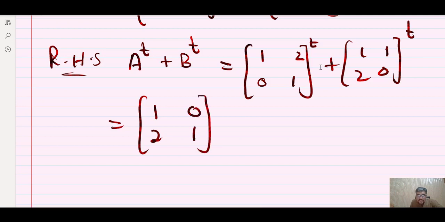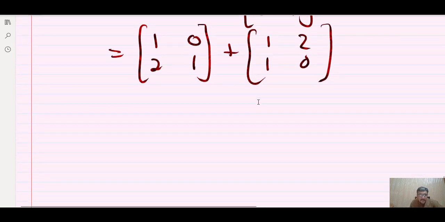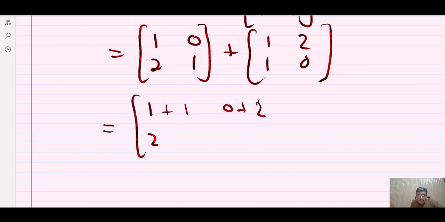I have changed the rows: this row into the first column, this row into the second column, then plus this row is going to change into a column because we have to take the transpose. Now add these two matrices. So it will become 1 plus 1, 0 plus 2, 2 plus 1, and 1 plus 0.